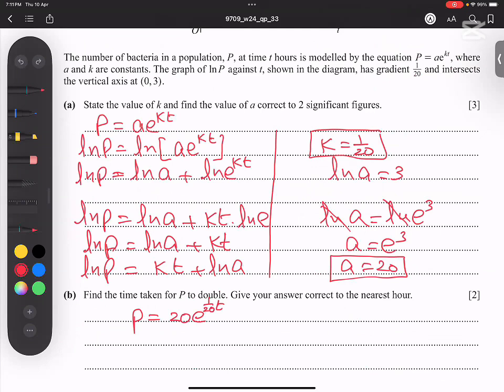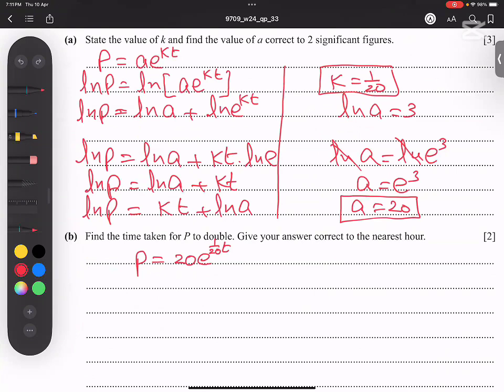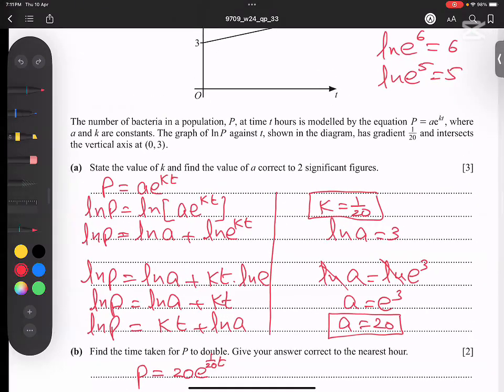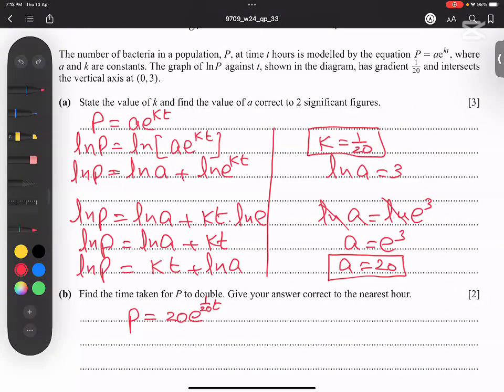Now, find the time where P is double and give the answer correct to the nearest hour. So I replace the P value by the double. And we can see here this is one equation. So how to get it, students?